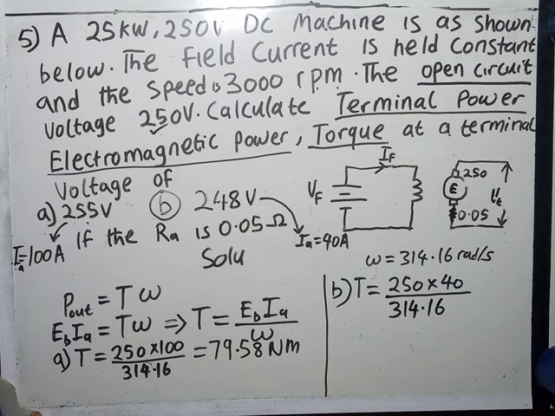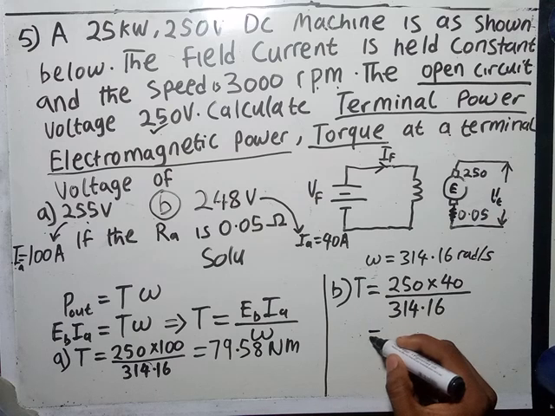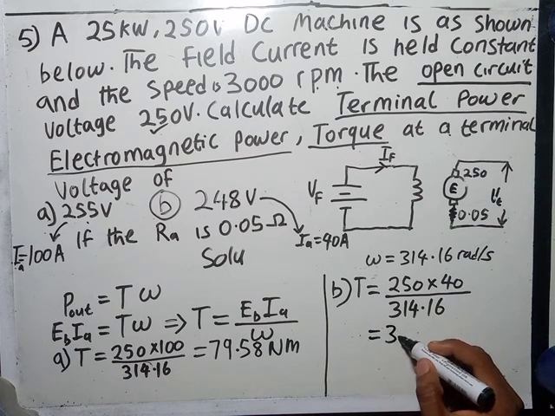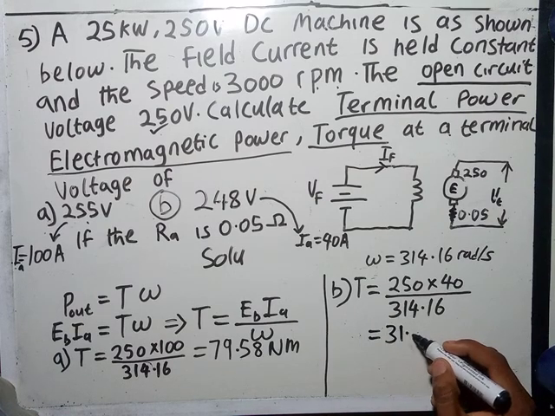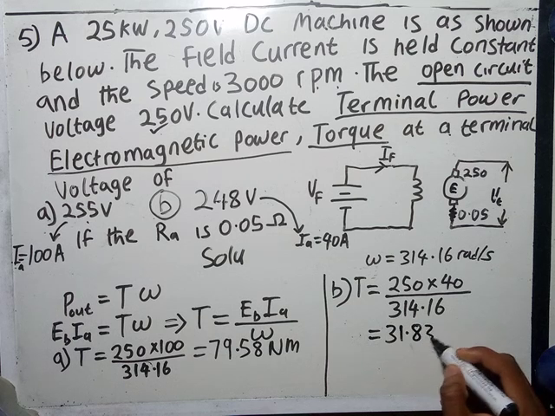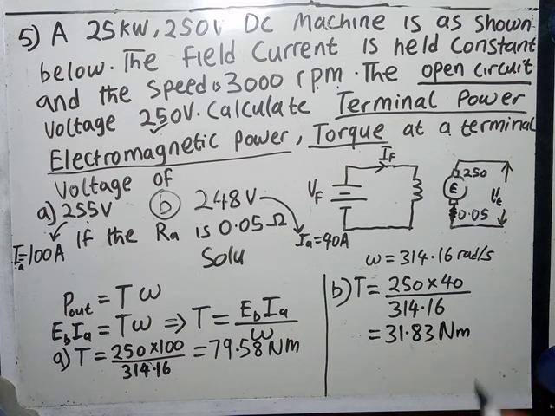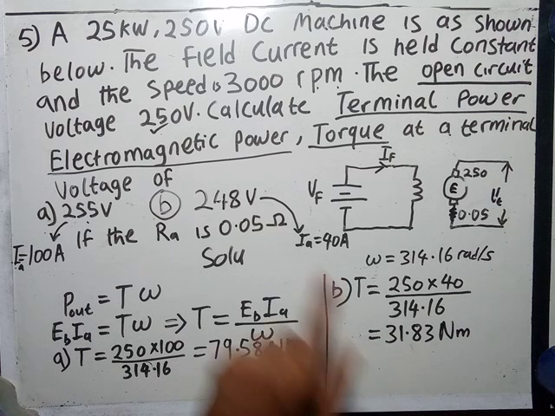Now inputting this in your calculator, you have your answer to be 31.83 Newton meter. So this is the value of our torque for case 1, and for our torque in case 2.